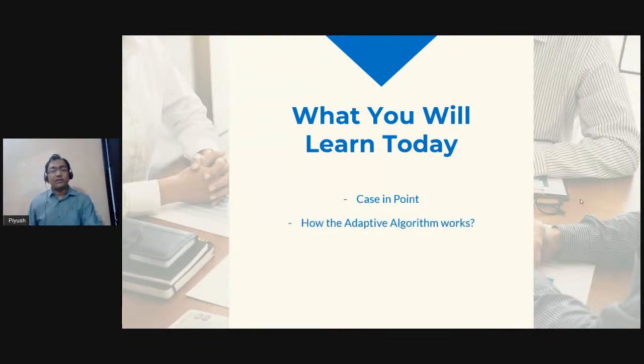Then we will deep dive into how the adaptive algorithm works. We'll take up some examples and understand the various aspects of it, which will lead us to the third stage, where we will look at how you should change your GMAT preparation strategy so that you can nail an adaptive test like GMAT. This is going to be a really important, really enlightening part of the session today.